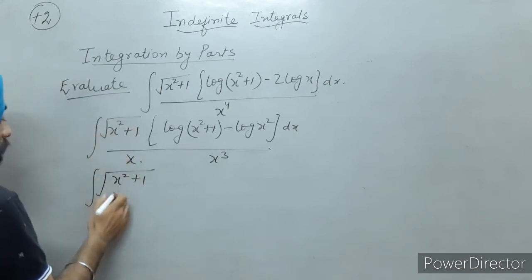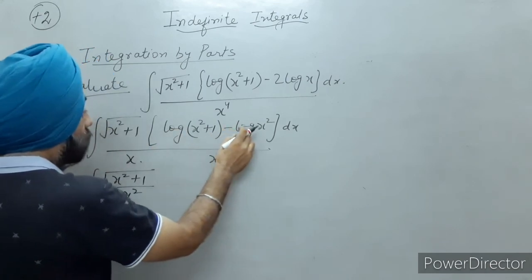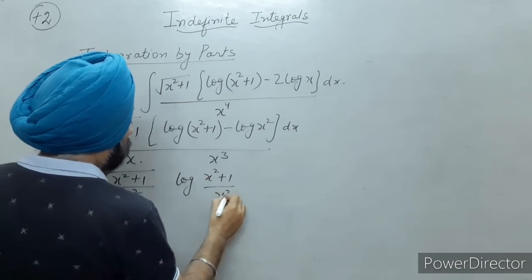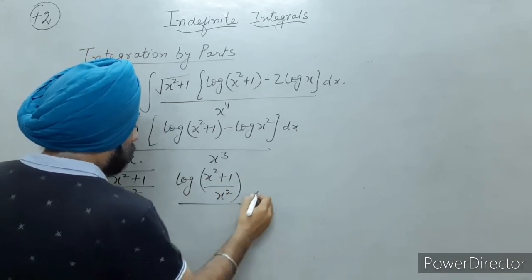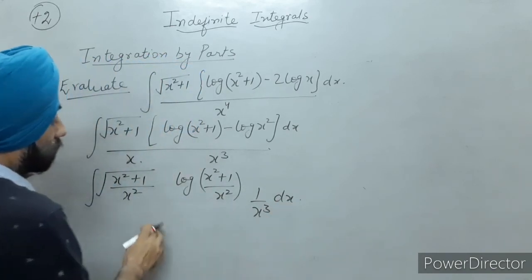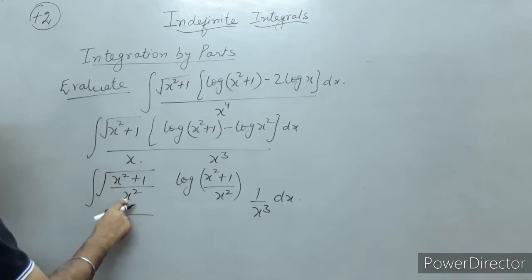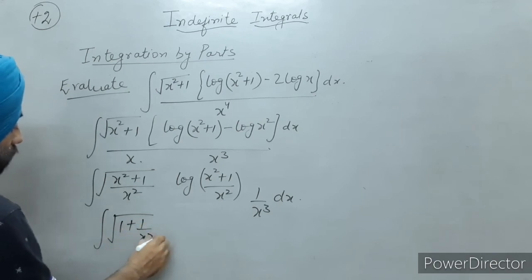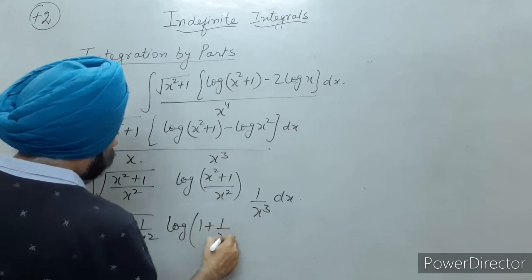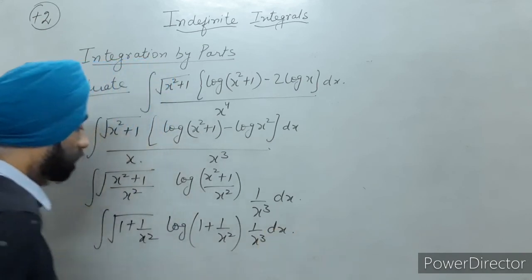I take this x within the square root, I will write x square. This becomes log of m minus log of n, log of m upon n, divided by, I can write this as 1 by x cube dx, like this. Now integral x square divided by x square, 1 by x square, similarly log of 1 plus 1 by x square into 1 by x cube dx.